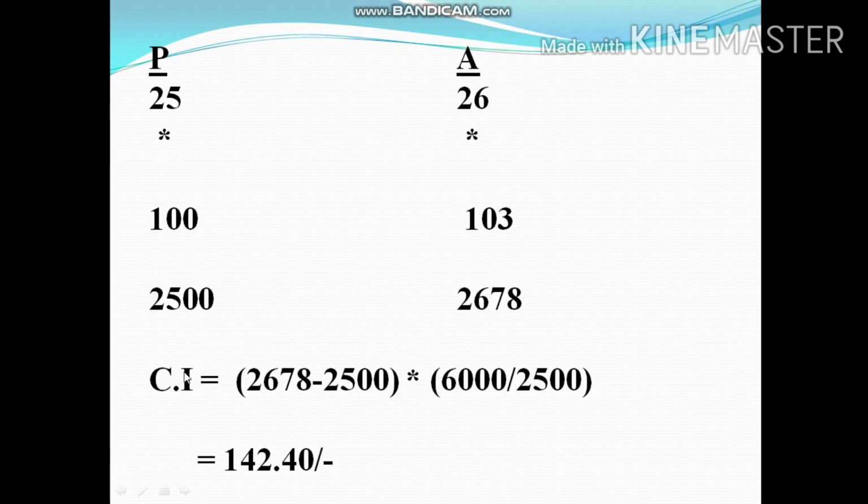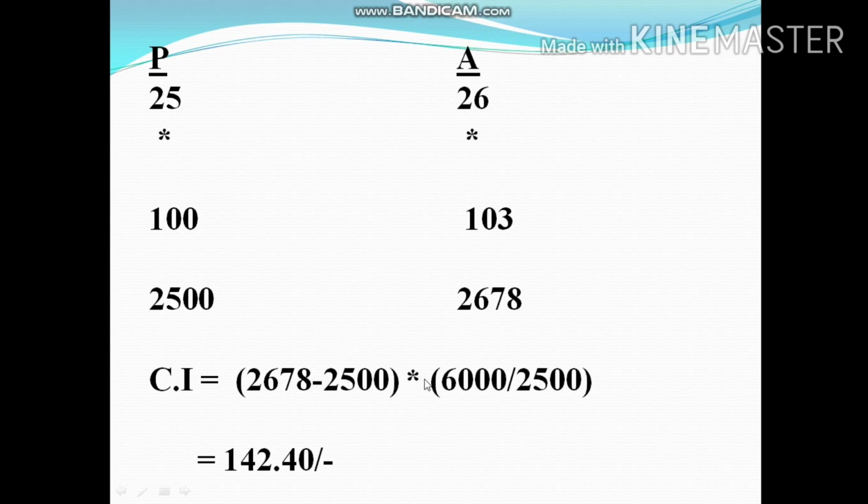Let's see the compound interest. Compound interest is equal to the difference between 2678 minus 2500, into 1 part. In the above problem, the principal is given as 6000, which is equal to 2500 parts.